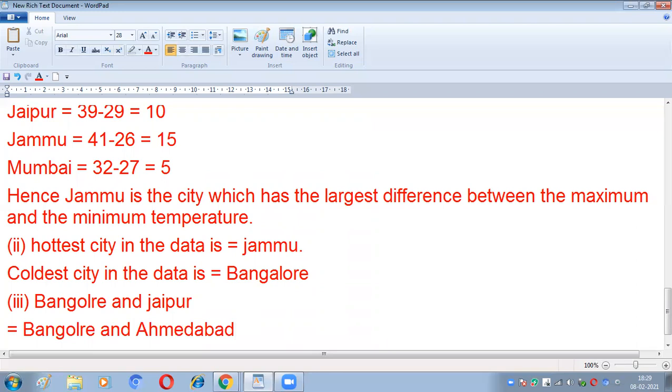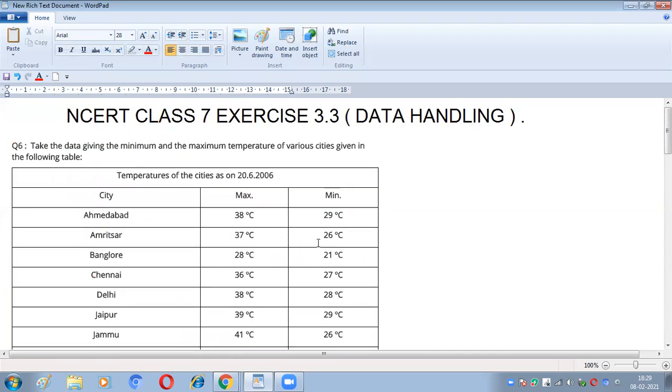So the answer for third bit will be Bangalore and Jaipur, and Bangalore and Ahmedabad. Okay, so yeah, the answer is correct.